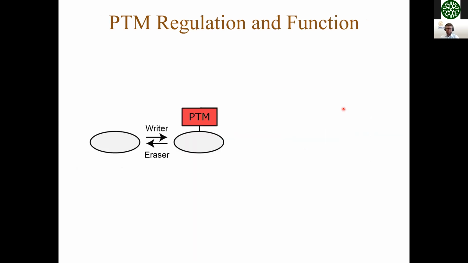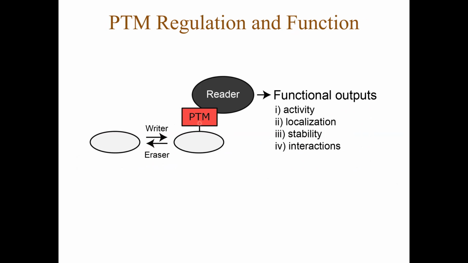So typically PTMs are dynamic, and they are introduced by writer enzymes and can be removed by eraser enzymes. And a modified protein can in turn be recognized by a reader domain or a reader protein that mediates different functional outputs. And these readers can then modulate the activity, localization, stability, and interactions of a modified protein.